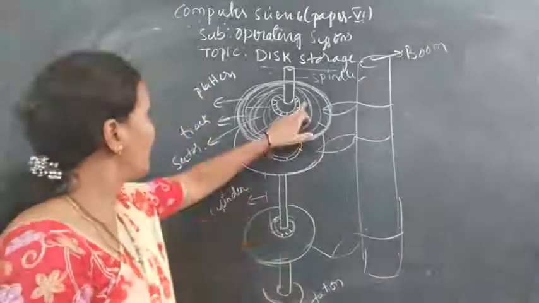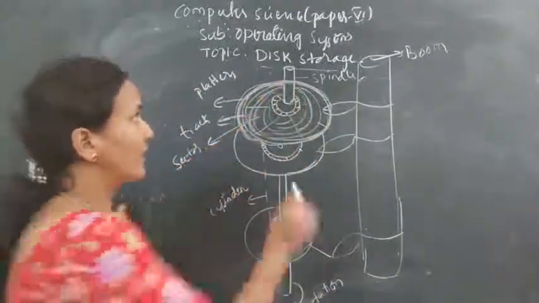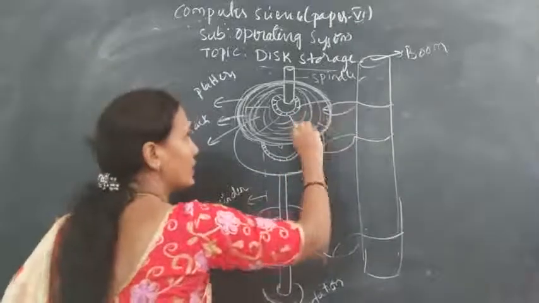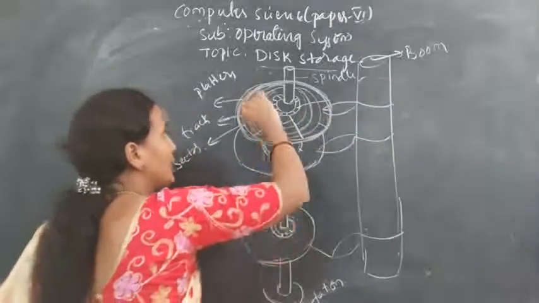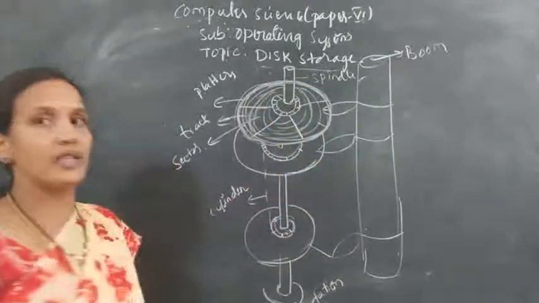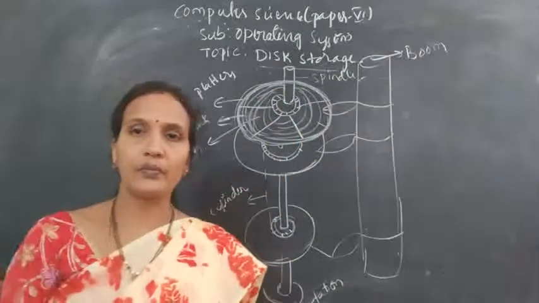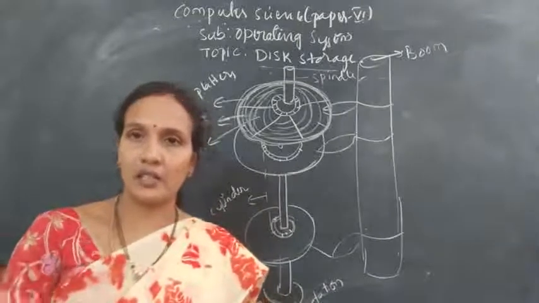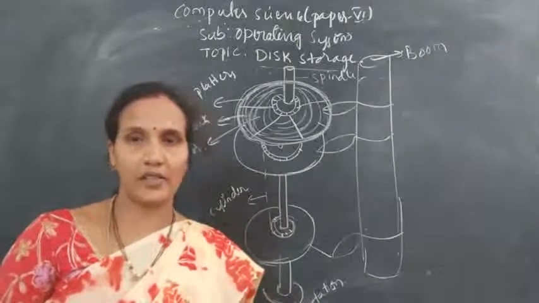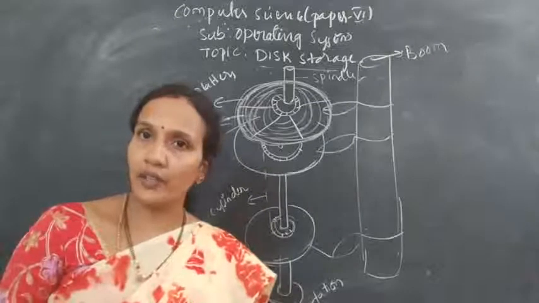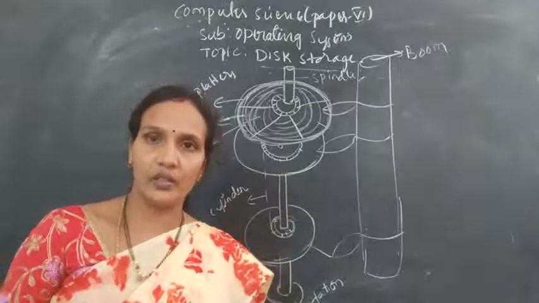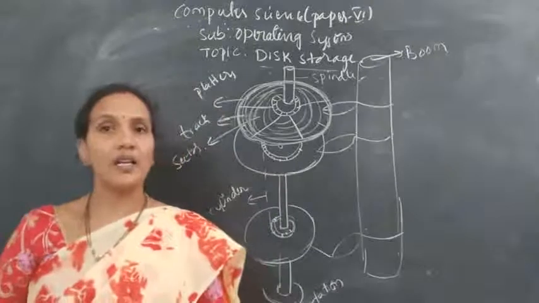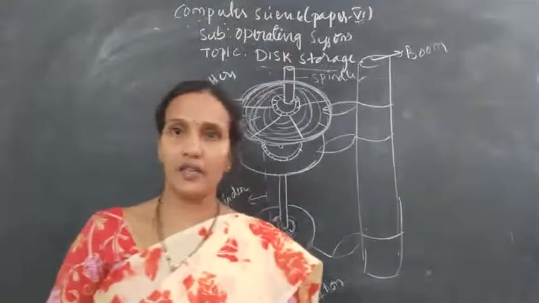Again, the tracks are divided into different parts, and those parts are called sectors. So a platter is a collection of different tracks, and each track is divided into a number of parts, and each part is called a sector.